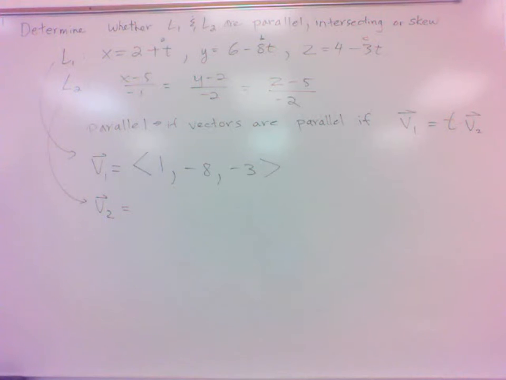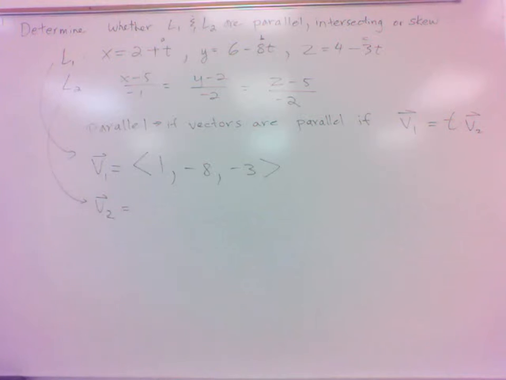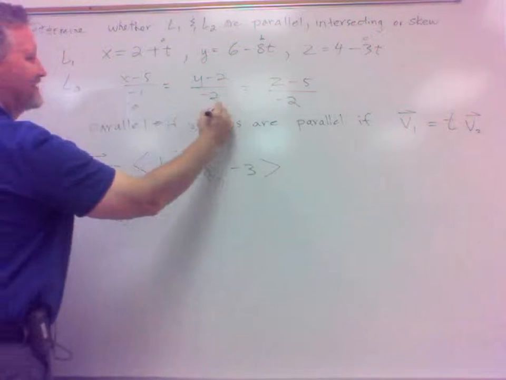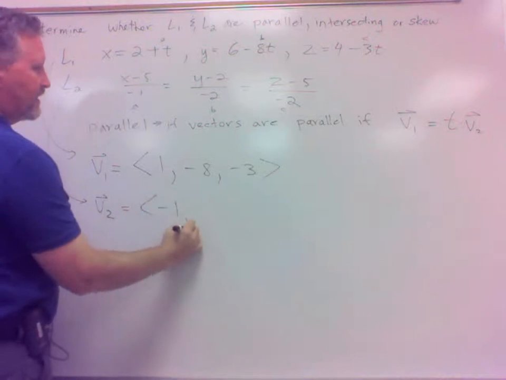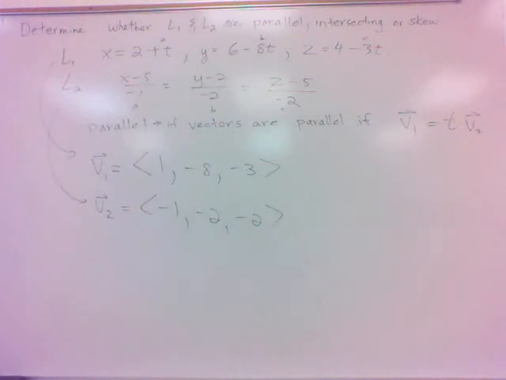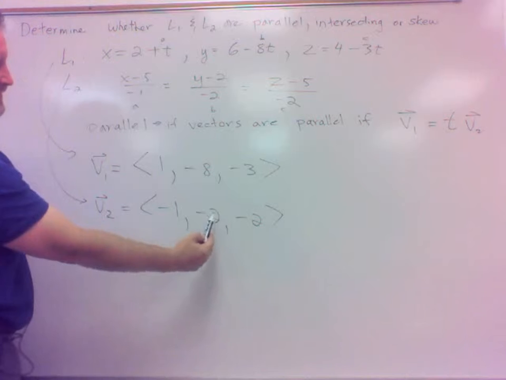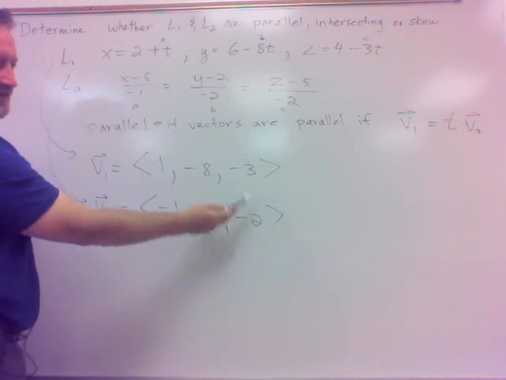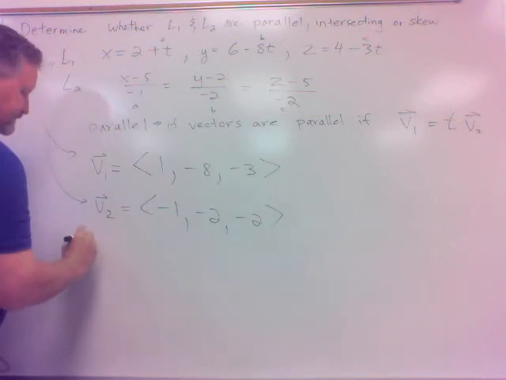Remember where the ABC is on it? This is A, this is B, and this is C, in the denominators. So we've got -1, -2, and -2 as the direction vector. And we can clearly see that one is not a multiple of the other. That would be 4 times it, but clearly those aren't 4 times there, so they're different scales. All right, so it's not parallel.